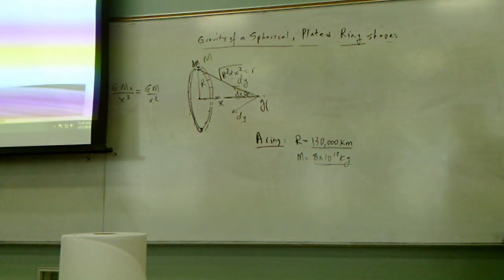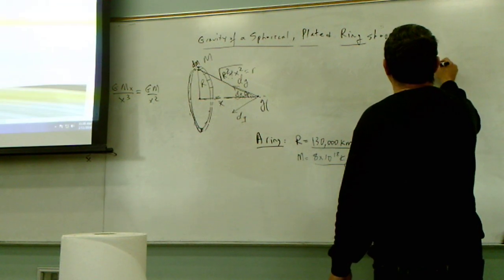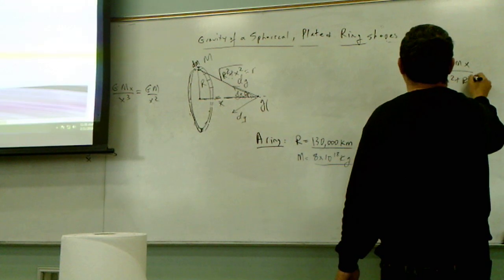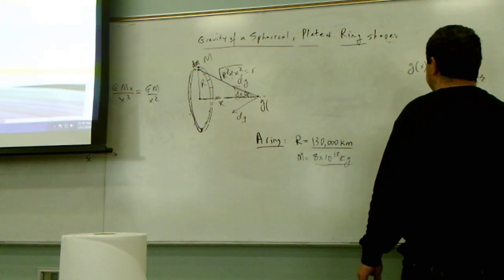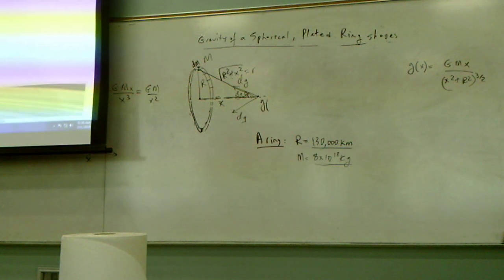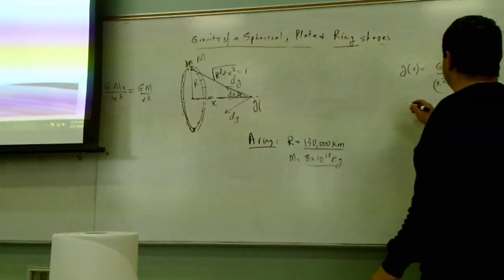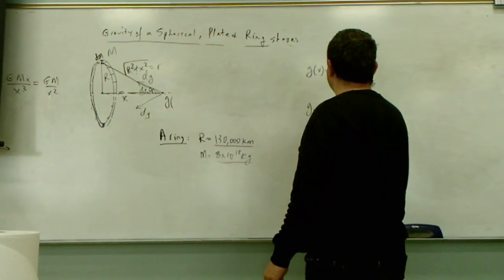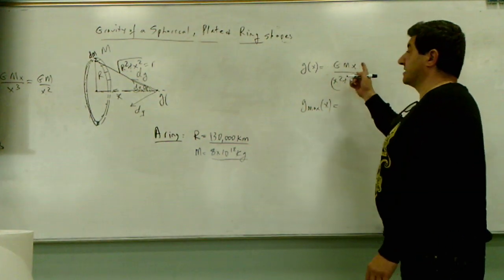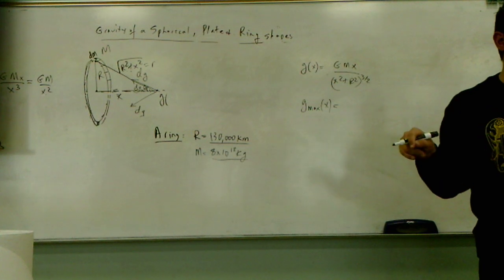Okay, so then we can say, okay, g of x is GMx over x squared plus r squared to the 3 halves, right? So we could find out for Saturn's A ring, what's the maximum gravitational field it creates, right? G max. What would I have to do? Well, remember that maximum gravity is created at the location x is r over root 2.